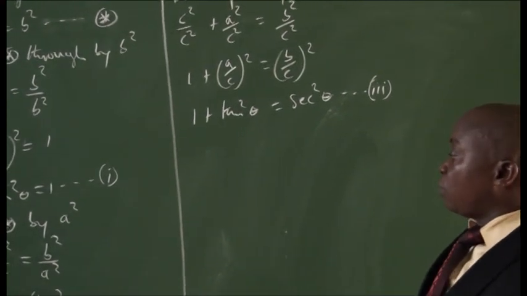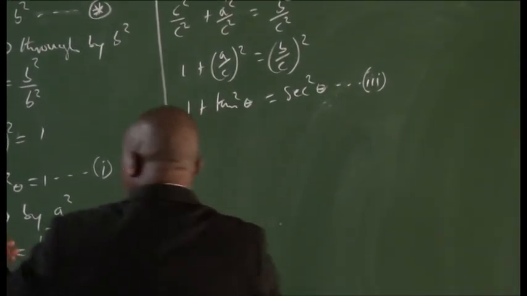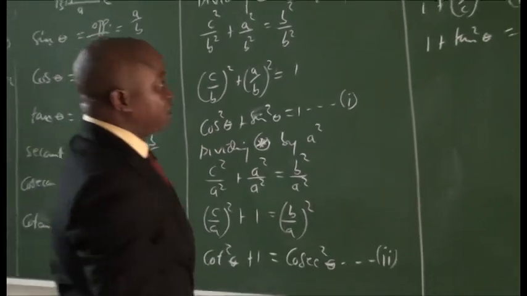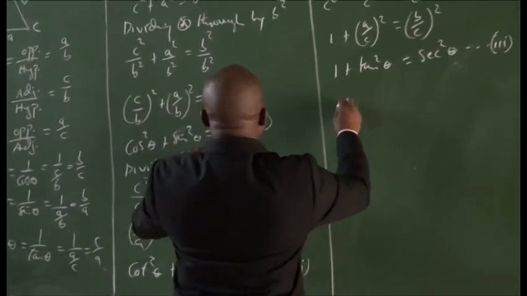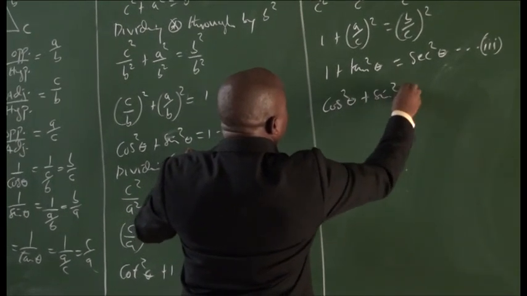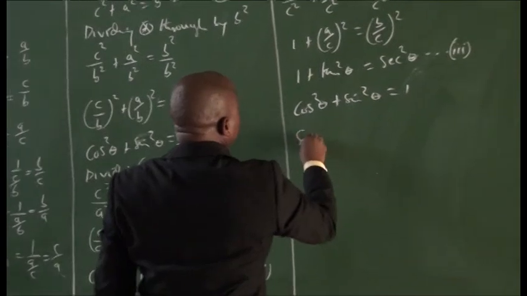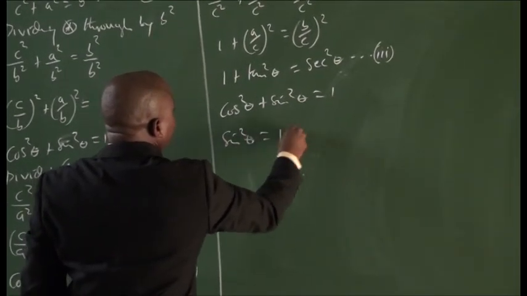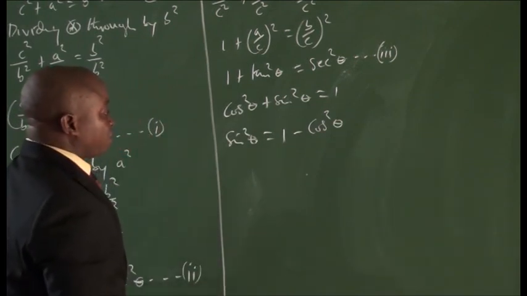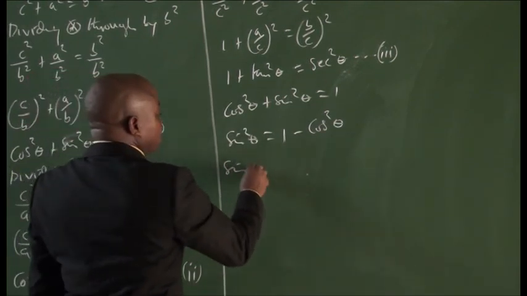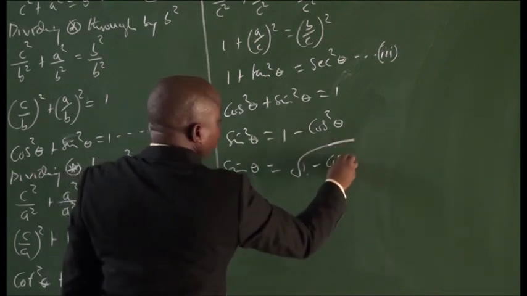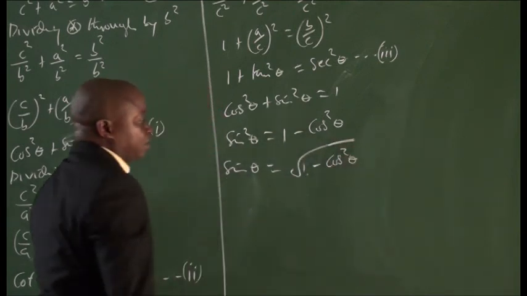Now we may want to express sine in terms of cos, or cos in terms of sine. From here, I know that cos square theta plus sine square theta equal 1. So sine square theta will be 1 minus cos square theta, which means sine theta is the square root of 1 minus cos square theta.